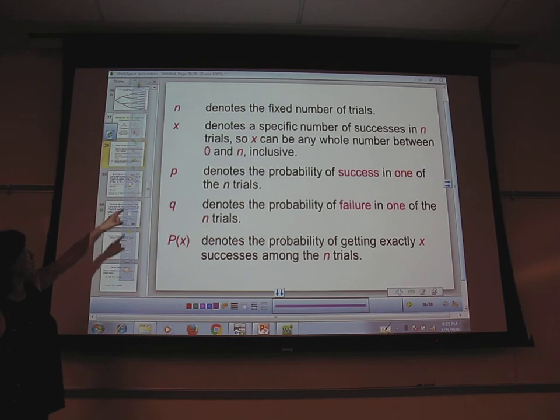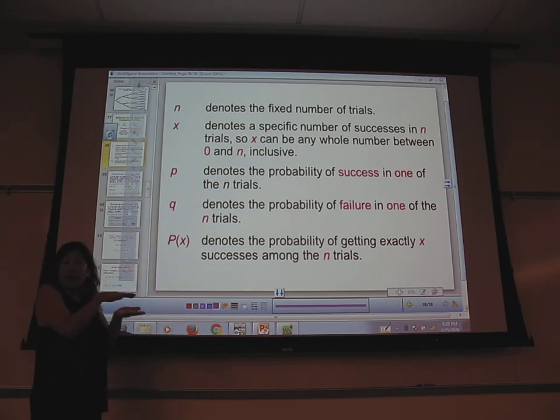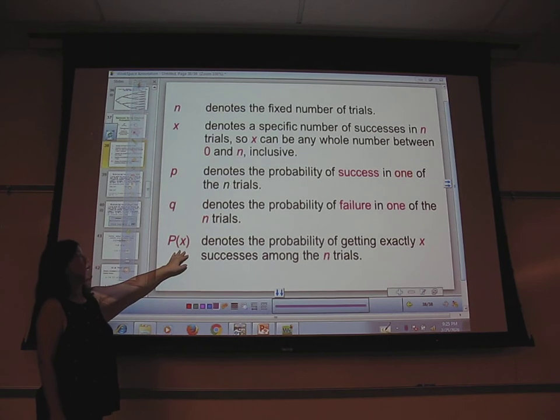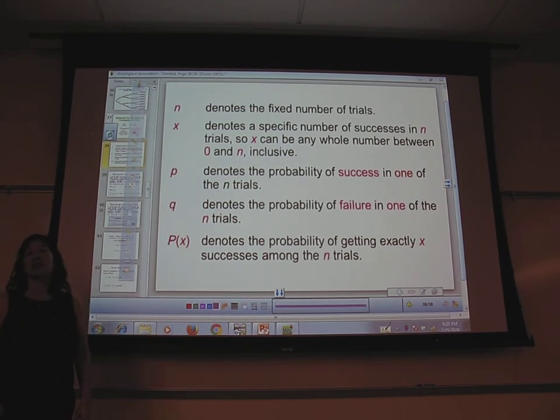Don't forget 0. Little p is the probability of success of just one trial. Little q is the probability of failure of just that one trial. And then big P of X is the probability of getting exactly X successes out of N trials.